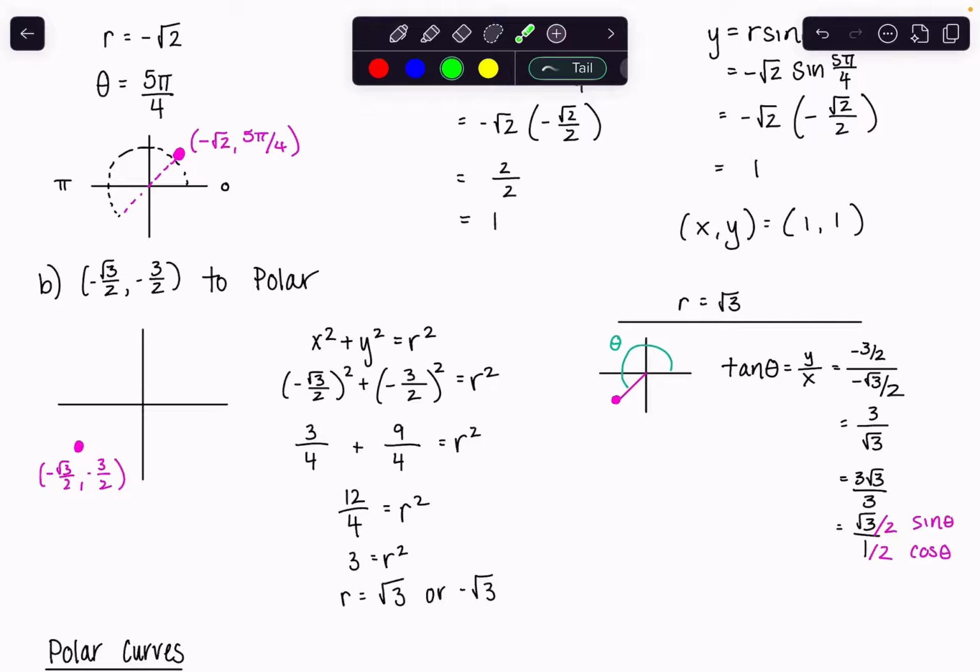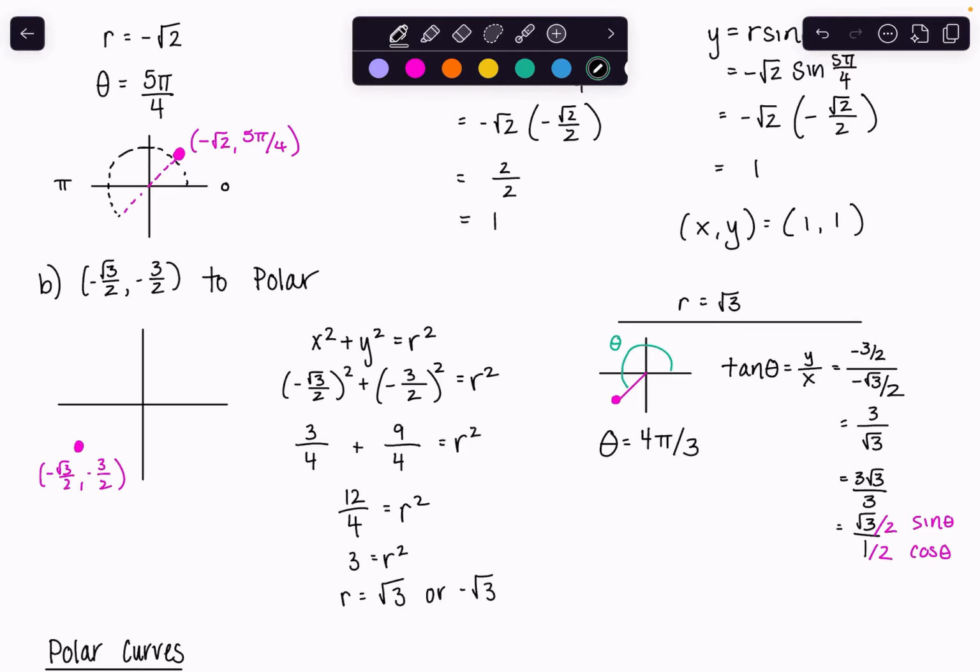So in that case, I know my reference angle here is 60 degrees, and I'm looking for the angle in quadrant 3. So I would go forward 60 degrees. That would land me at 4 pi over 3. Okay. So that would be the angle that I'm searching for.